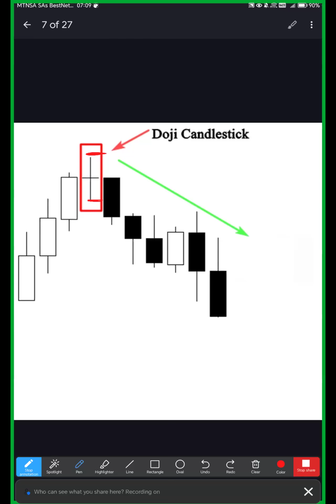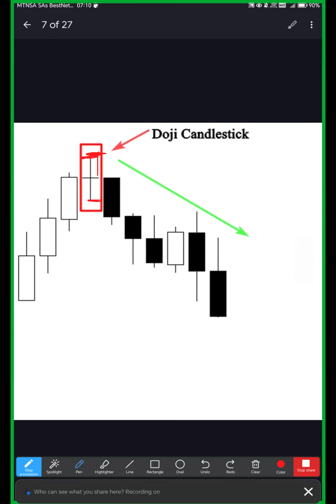Buyers could not manage to keep the price here. As a result, sellers pushed the price back to the opening. So buyers are unable to keep this price high. Then sellers come and push this price to the opening.